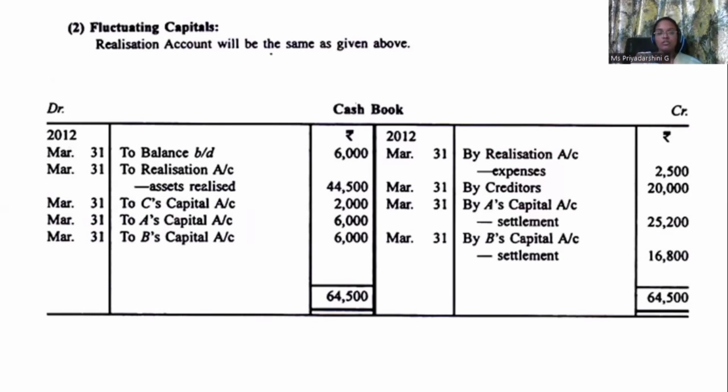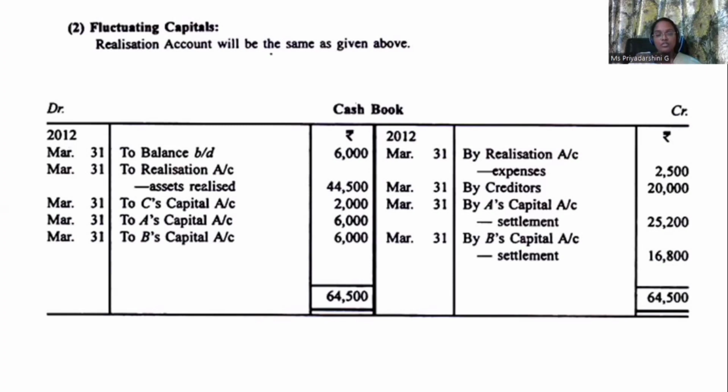So this is the whole thing about how the Garner versus Murray rule is applied to the problems of dissolution of a firm. Let me summarize all the things we have done so far. Number one, the realization loss is brought in as cash by the solvent partners.